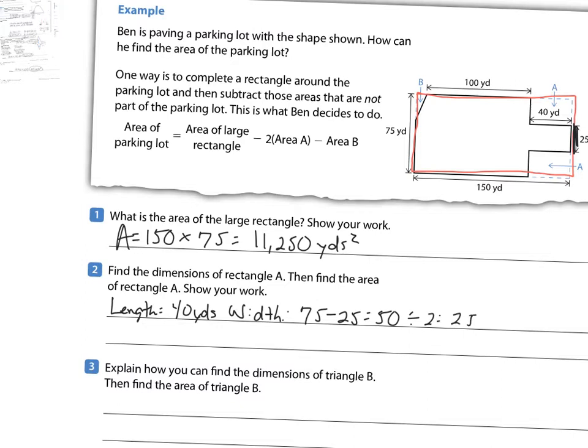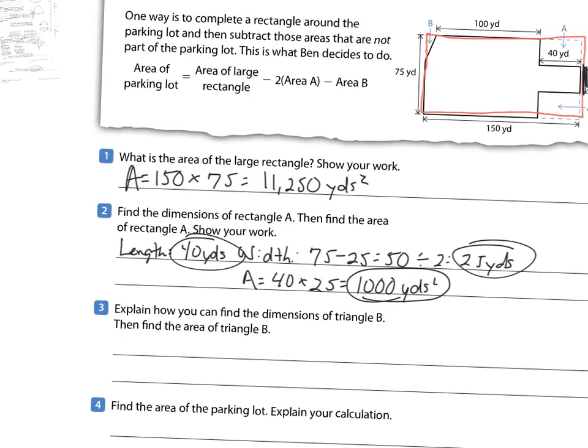So the width of rectangle A comes out to be 25 yards. So it says then find the area. Well, the area of rectangle A is equal to 40 times 25, which is equal to 1,000 square yards.